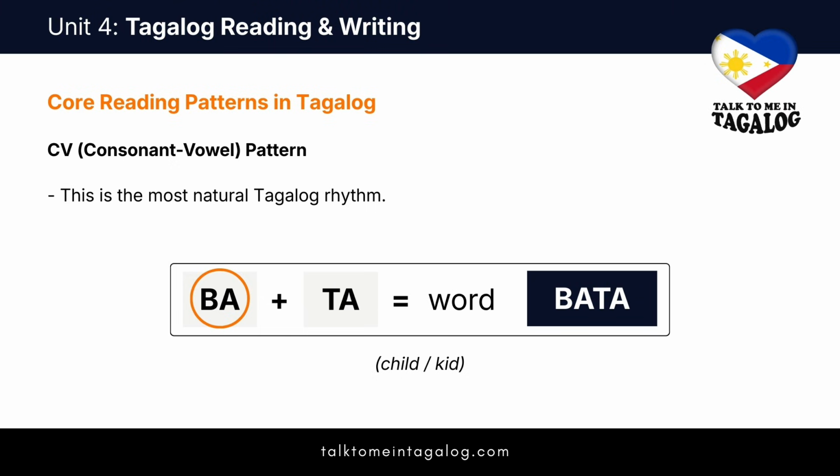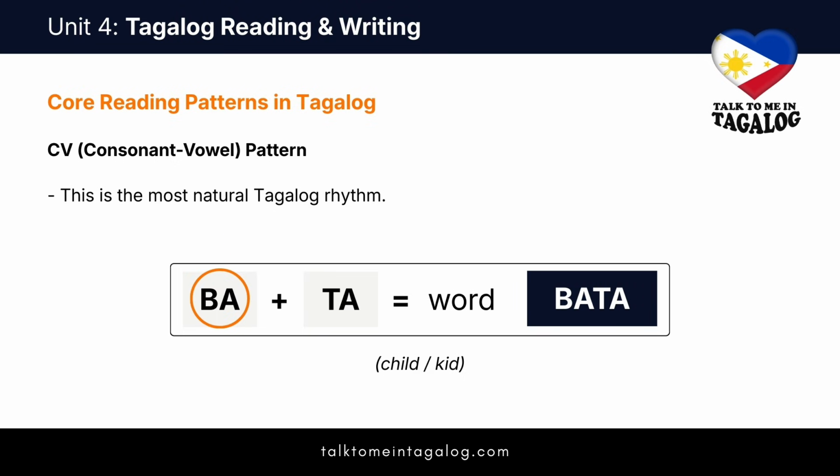Now that we've practiced the V pattern, it's time to move on to the next core reading pattern, the CV or Consonant-Vowel pattern. This is the most natural rhythm in Tagalog and is found in the majority of words you'll encounter. Remember, a syllable is made of a consonant letter and a vowel. By combining these syllables, you can form simple everyday words.